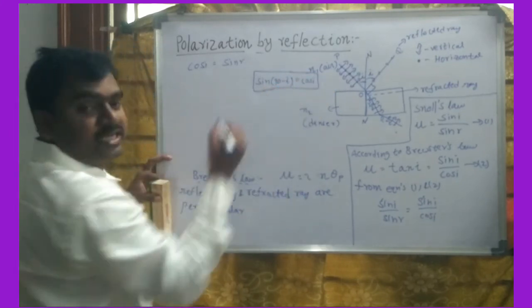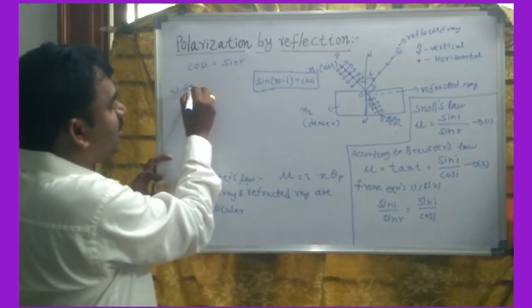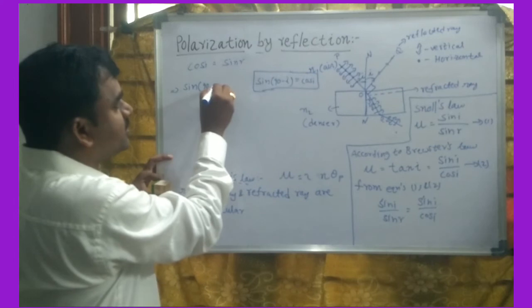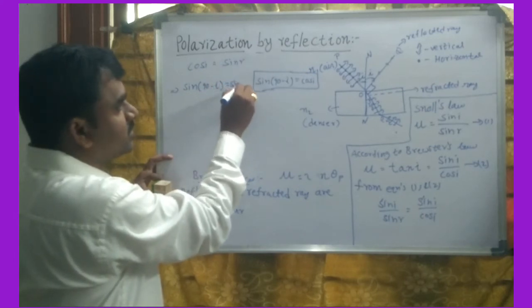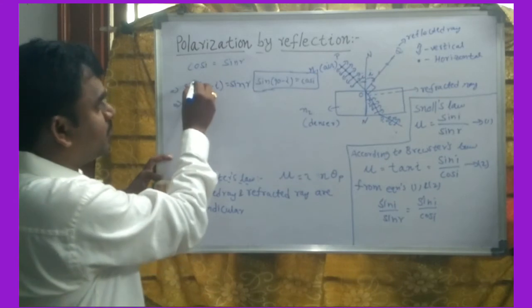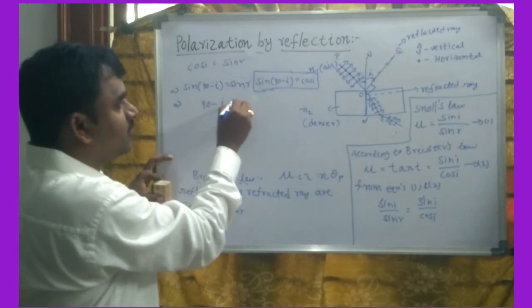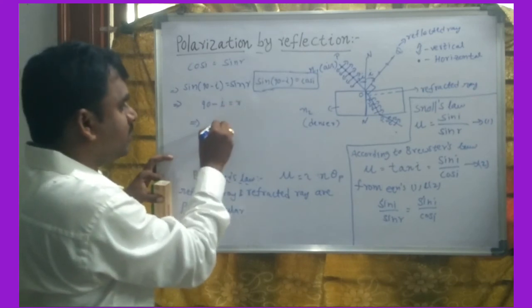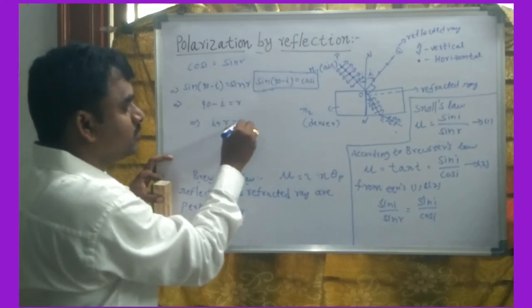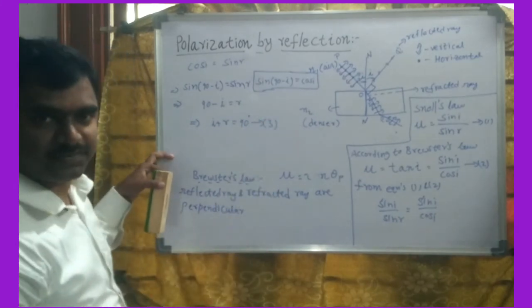Using this formula, sine of (90 minus i) equals sine r. Cancelling the sines, 90 minus i equals r. That implies i plus r equals 90 degrees. This is equation number 3.